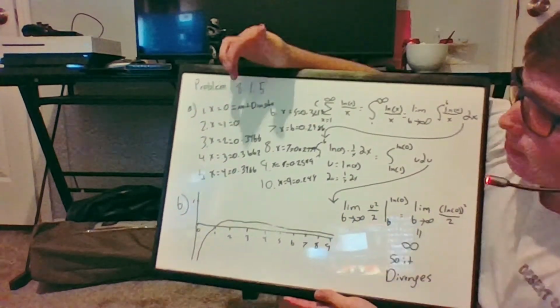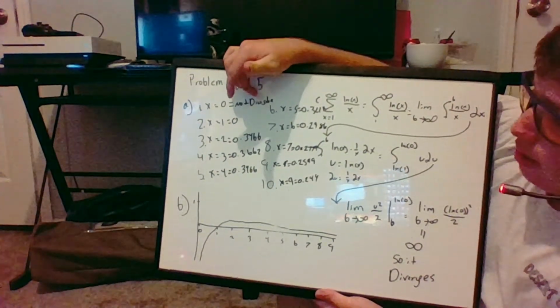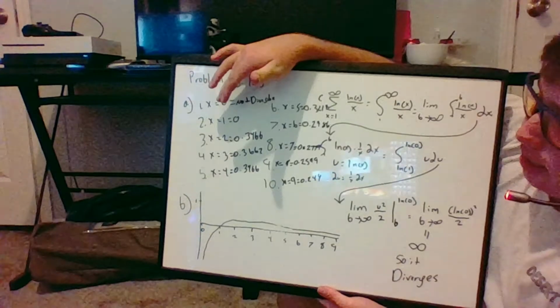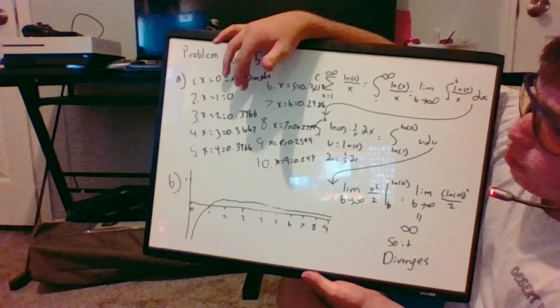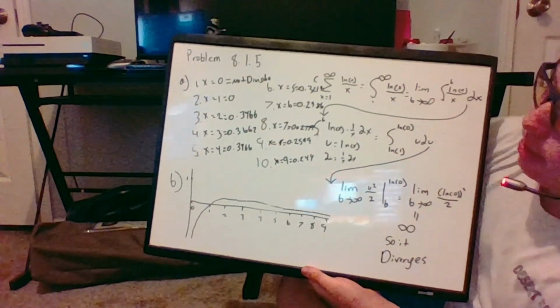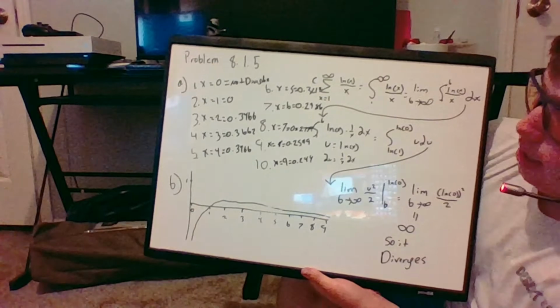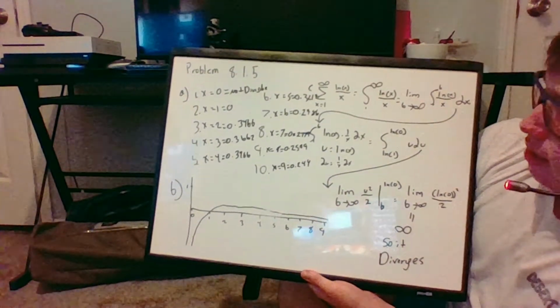So when x is 0, it's not divisible. When x is 1, we get 2. X is 2, we get 0.3466. X is 3, we get 0.662. X is 4, we get 0.3466 again.